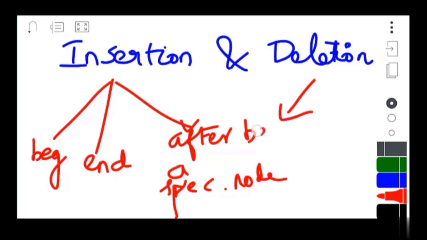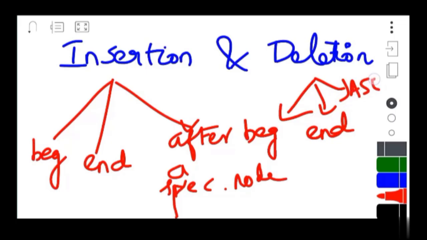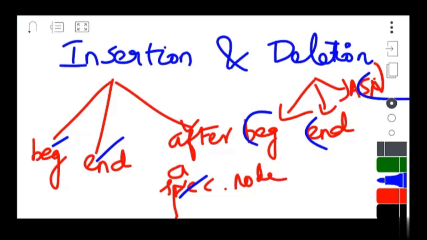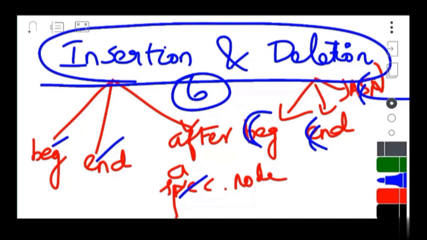And deletion, same. We can delete the first element, so deletion at beginning, and delete the last element, deletion at end, and after a specific element or specific node. So totally you have 6 algorithms, as far as the insertion and deletion operations are concerned, and I'll explain one by one.